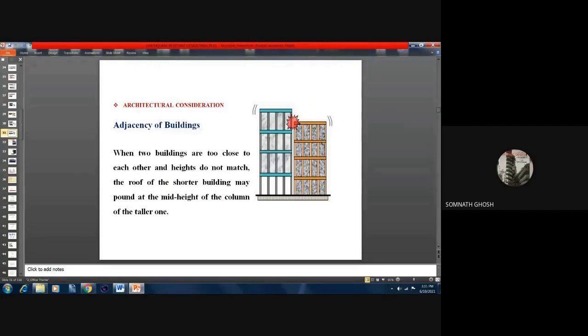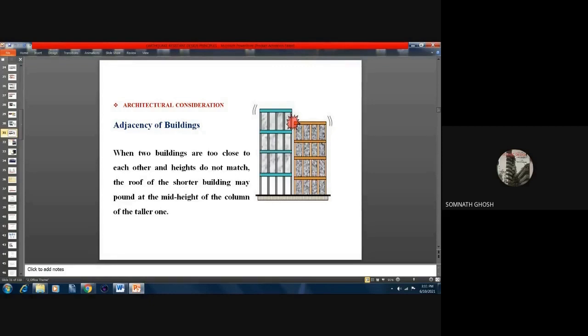So either you have to go for a reasonably higher gap to avoid the pounding effect, or you have to take care of the pounding effect and the extra forces for that.